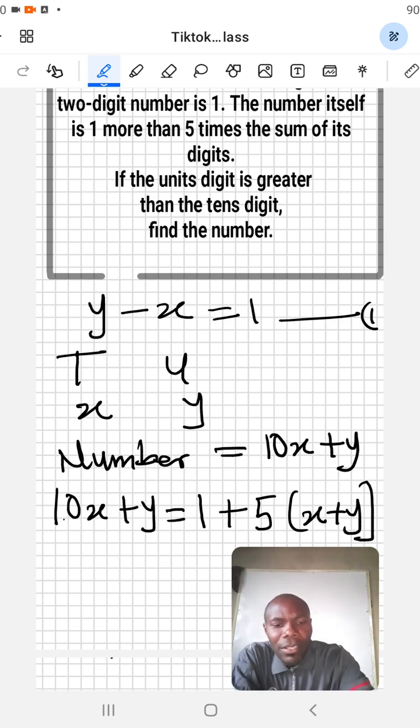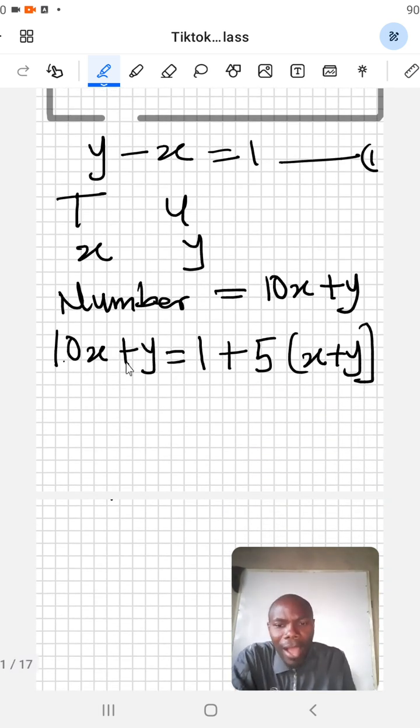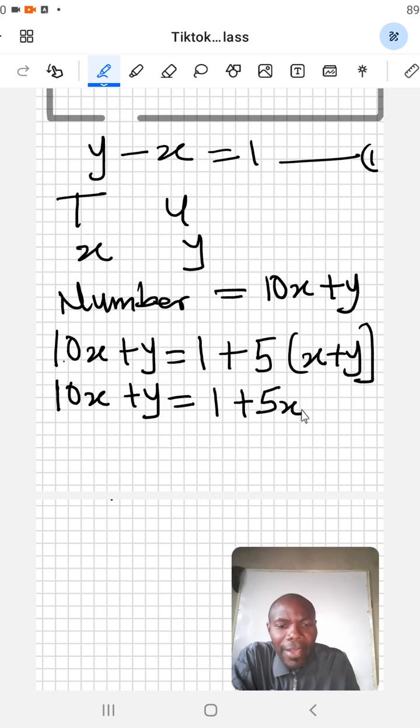So we have 10x plus y is equal to 1 plus 5x plus 5y.